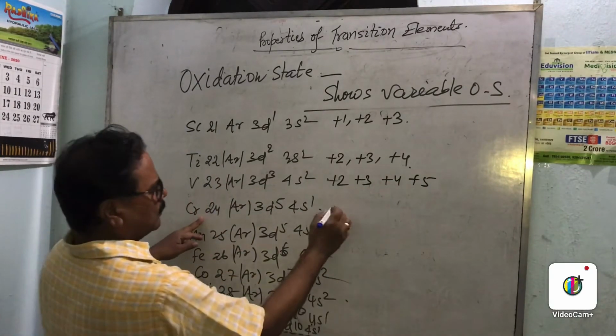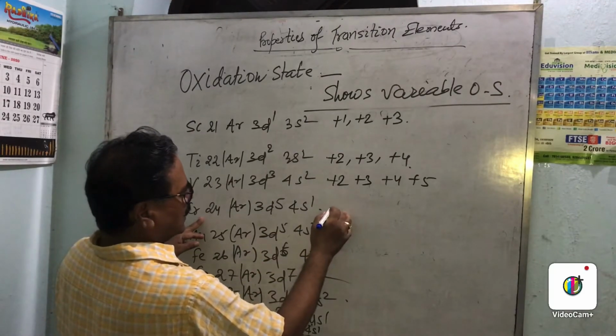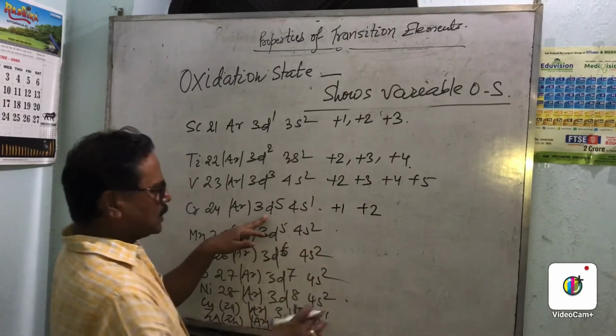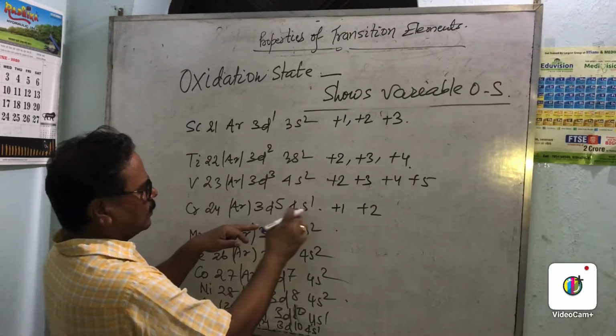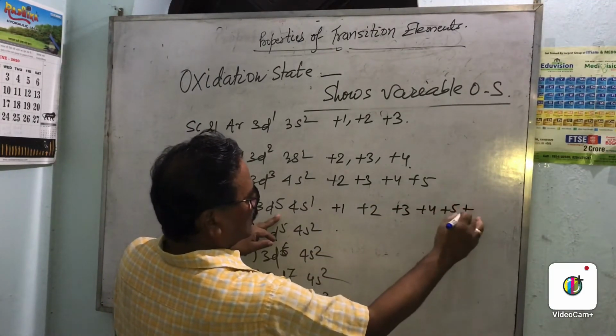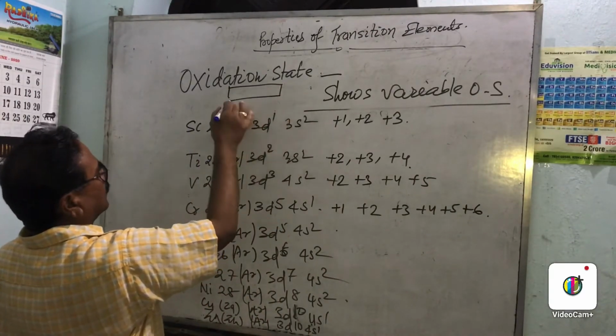Now for chromium, +1 may also be possible, and +2 may be right, but it is not common. The possibility is there due to the s electrons, then +3, +4, +5, +6.